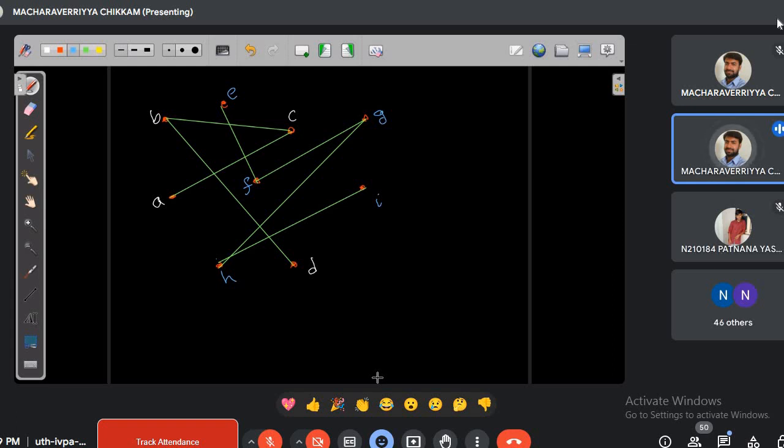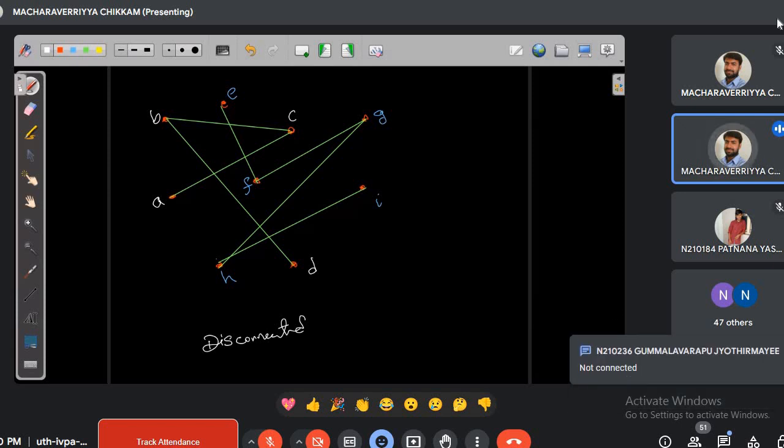Now, when do you say that a graph is disconnected? The definition is so simple. What is the definition of a disconnected graph? It's easy to say: a graph which is not connected, that's it. A graph which is not connected is a disconnected graph.